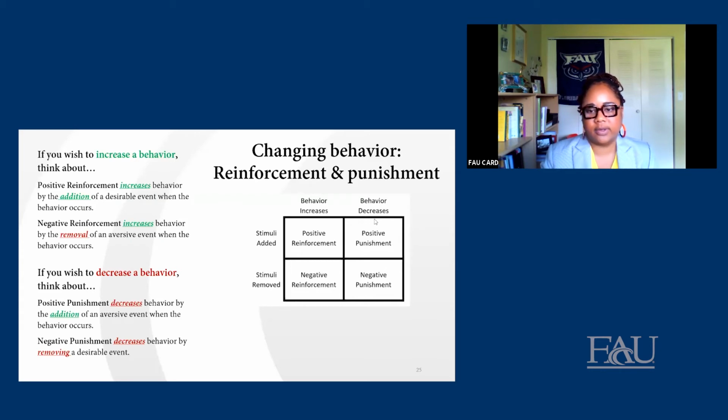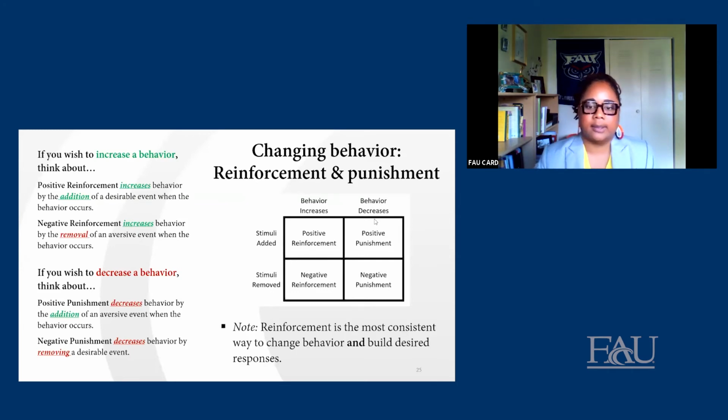If you want to decrease behavior but you're still adding stimuli to do that, then that's called positive punishment. Similarly, if you want to increase behavior but remove stimuli, you're looking at negative reinforcement. And if you're decreasing behavior and removing stimuli, you're looking at negative punishment. So that's how these ideas are represented over here.